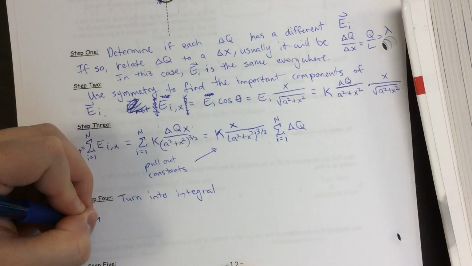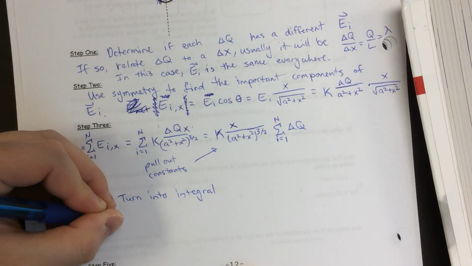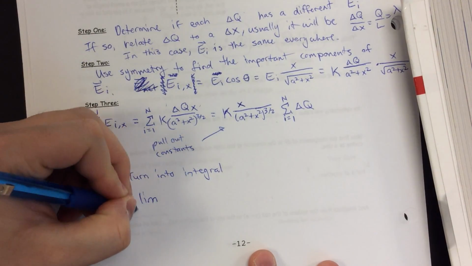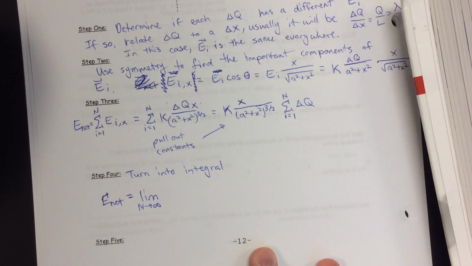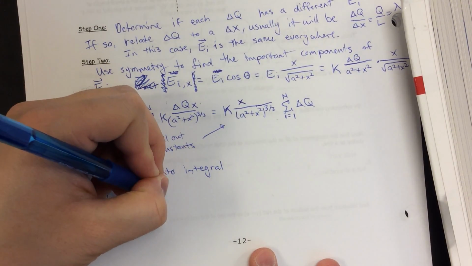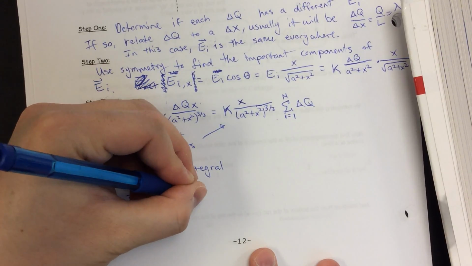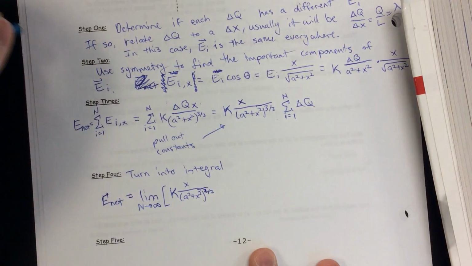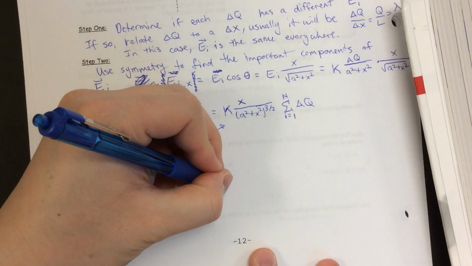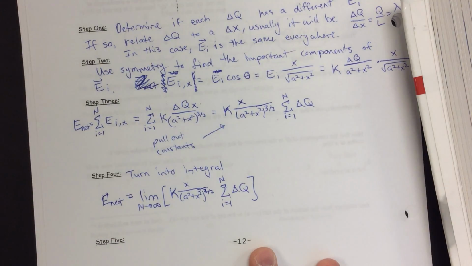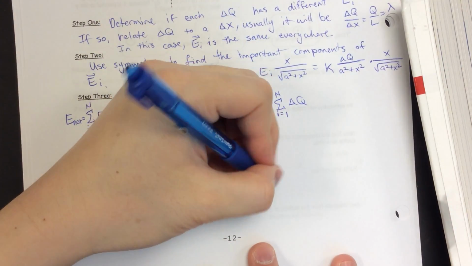So what I'm going to say is then that E net is equal to the limit as n goes to infinity of this sum, and when you take that limit, that's when you get your integral.